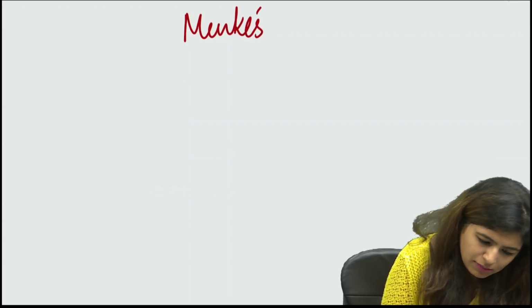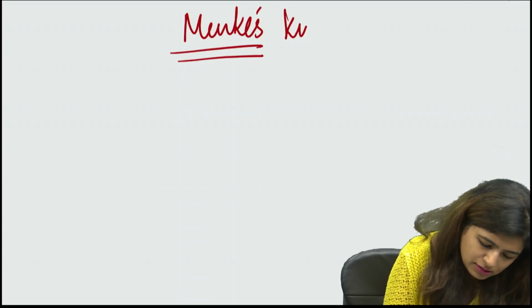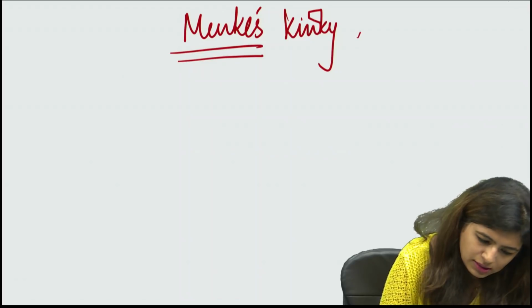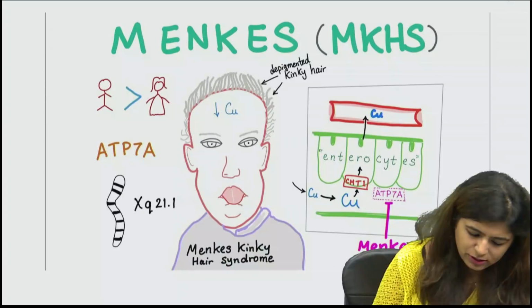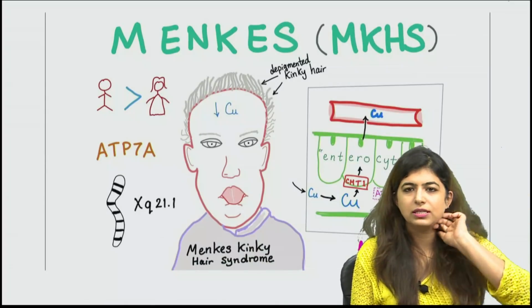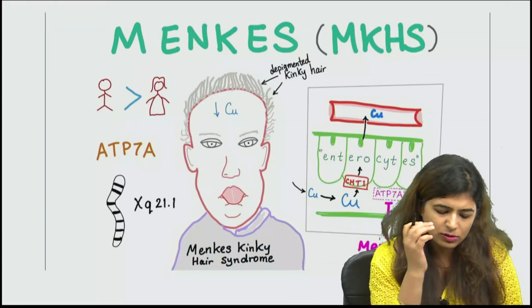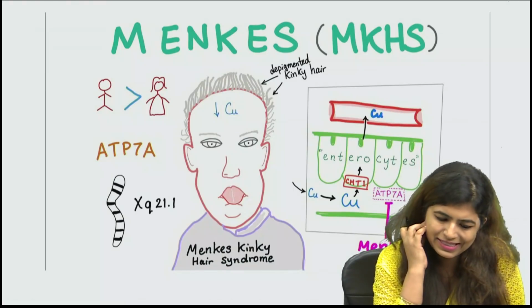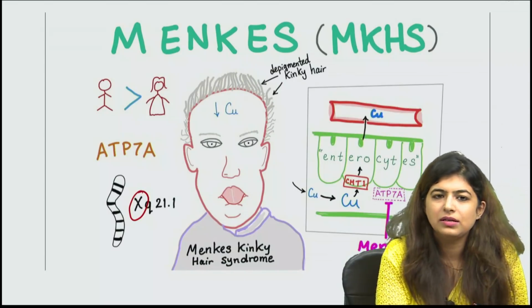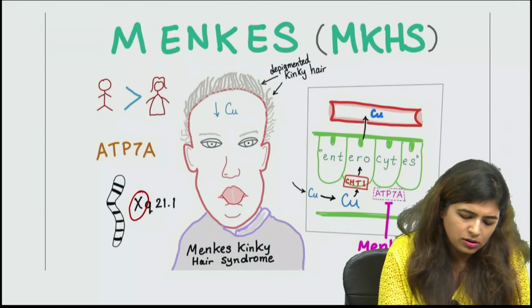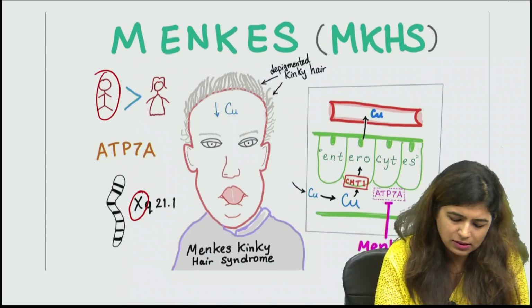What is Menkes kinky hair disease? I have a small cartoon which is telling us what it is. So this is basically a X-linked disorder, as the chromosome here tells us. This is an X-linked disorder, more common in the males.